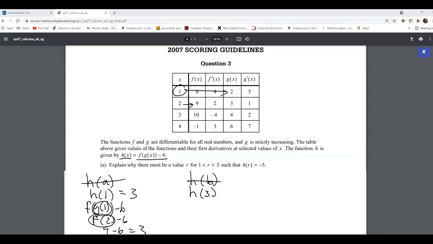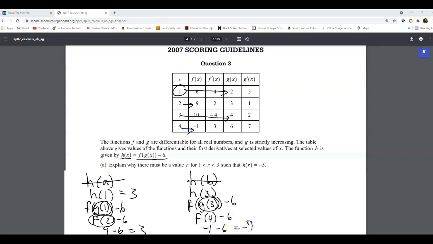Let's do the same thing for the next function. F of g of 3 minus 6. G of 3 is 4. F of 4 is -1. And -1 minus 6 is -7.